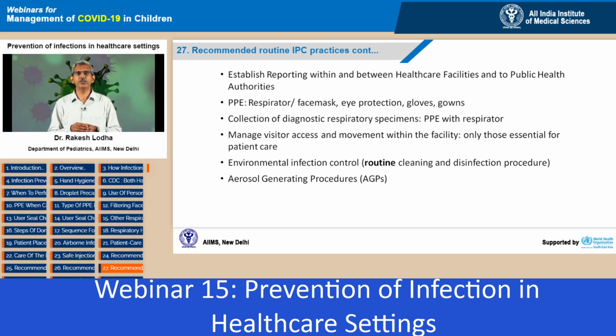Staff working in hospitals should be aware about patients with suspected or confirmed SARS-CoV-2 infection and facility plans for response. One should wear full PPE, which includes respirator or a face mask, eye protection, gloves, gowns or coveralls. For collection of diagnostic respiratory specimens, PPE with respirator should be used.